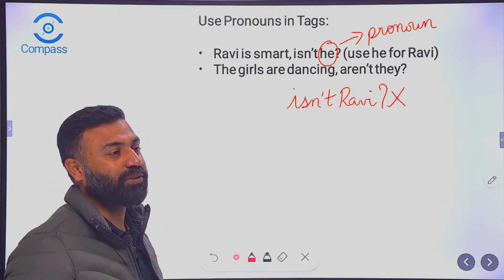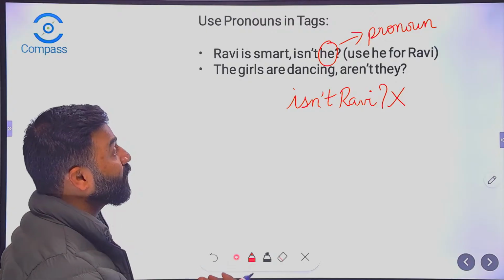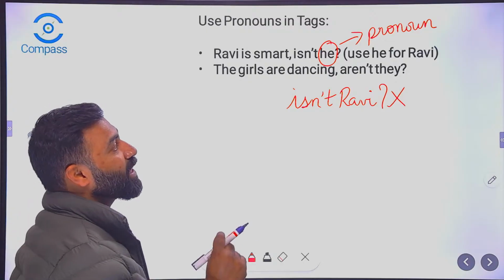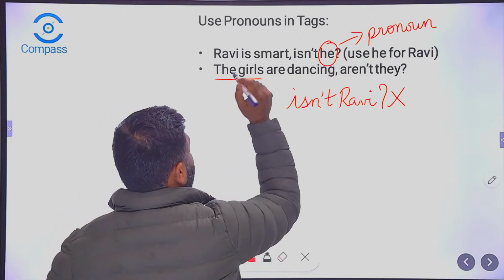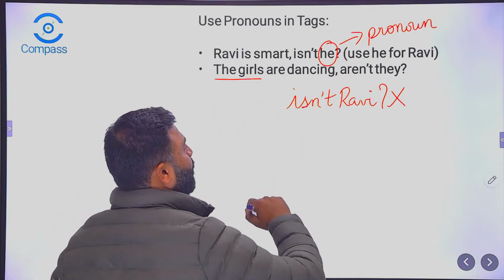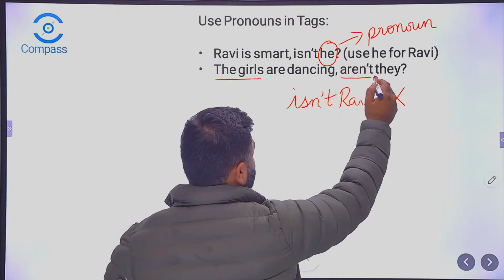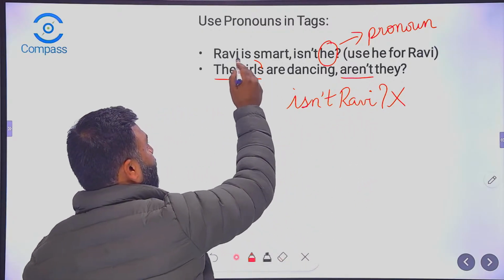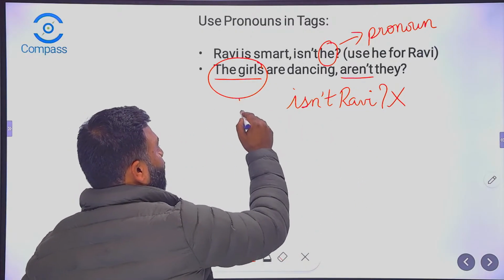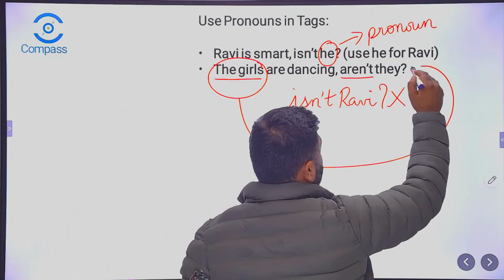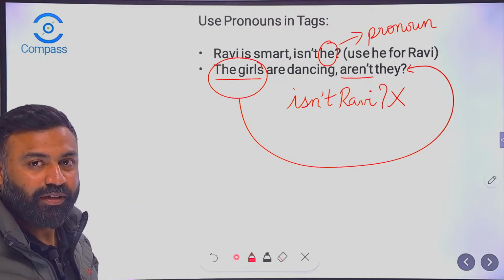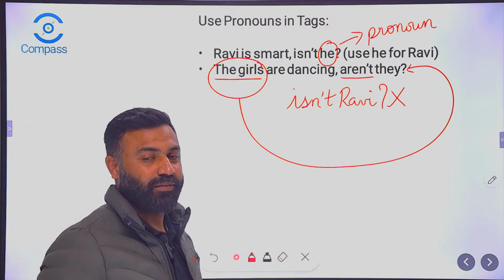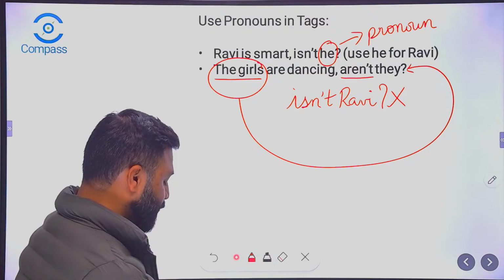According to the person, according to the subject that has been written, use the correct pronoun. Here in this case we have girls. The girls are dancing. So we have used aren't, but for the girls we have used the pronoun they. Okay, let's proceed.